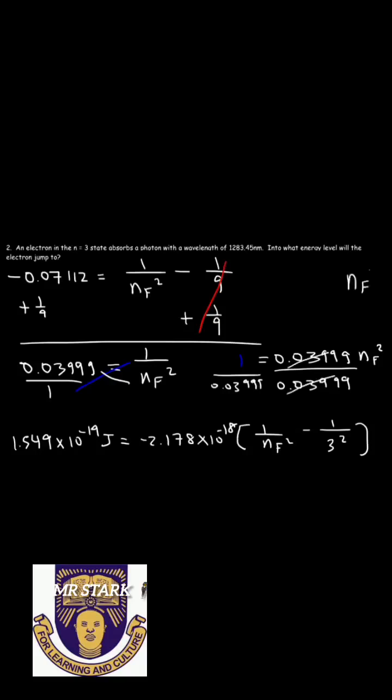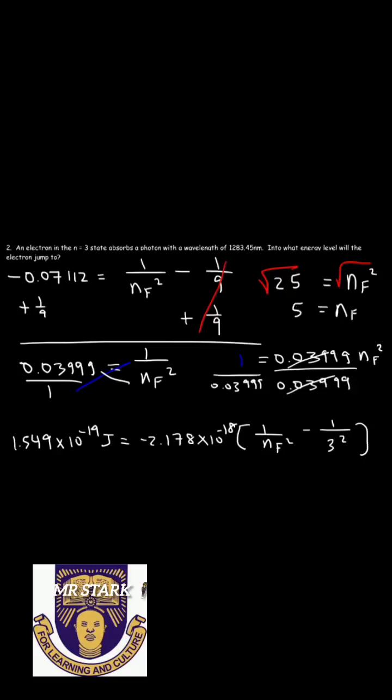So n final squared is 1 divided by 0.03999. So that's basically about 25. It's like 25.006. And if we take the square root of both sides, n final is 5.